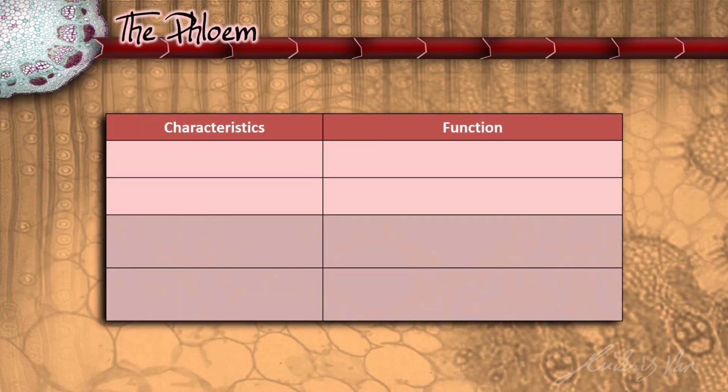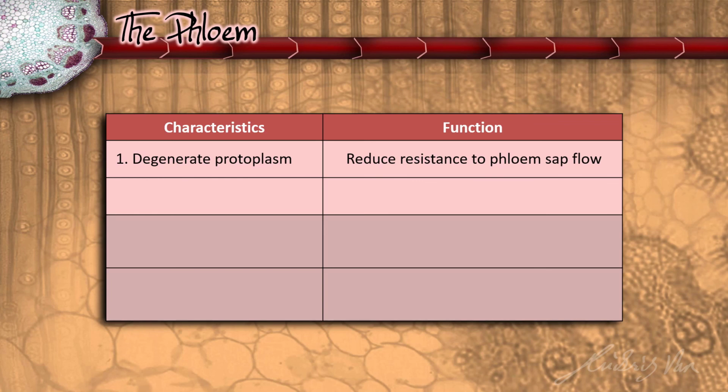So for phloem, it has degenerated protoplasm or very little cytoplasm. This is to reduce resistance to the phloem sap flowing. Same thing as having very little organelle.